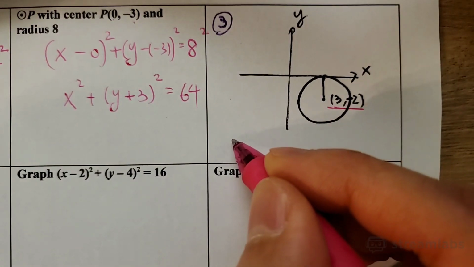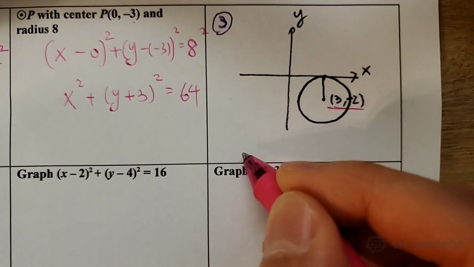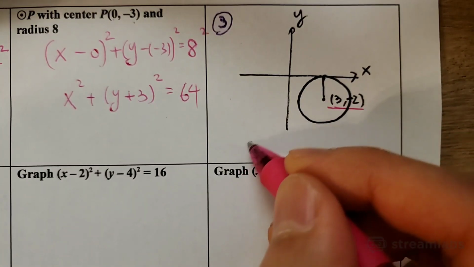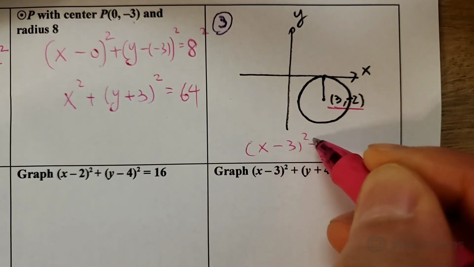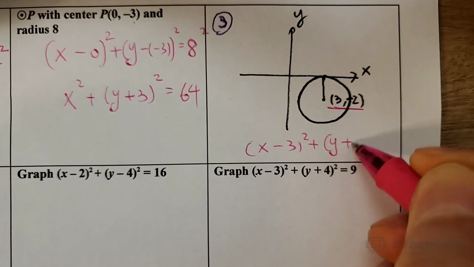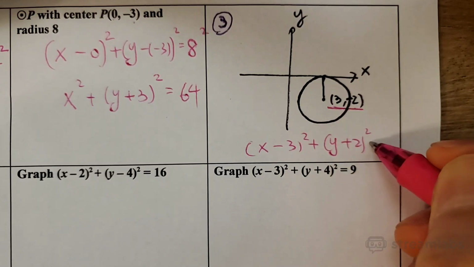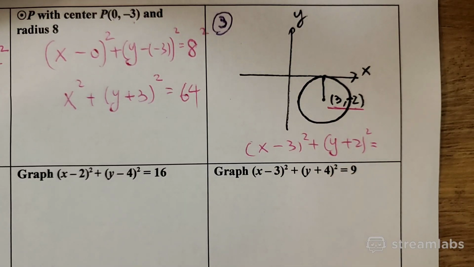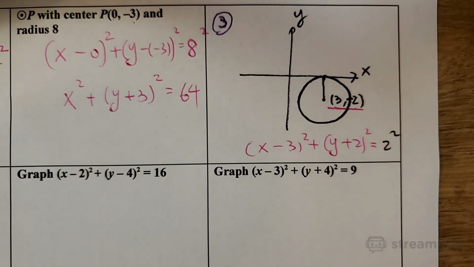So you can do r squared, which is the radius. What is the radius? But you have the center first. So x minus 3 squared plus y minus -2, so y plus 2 squared, right? 3, -2. What is your radius here? I'll give you some time. What is the radius here? R is 2, right? If R is 2, that means 2 squared, so you can just do equals 2 squared.